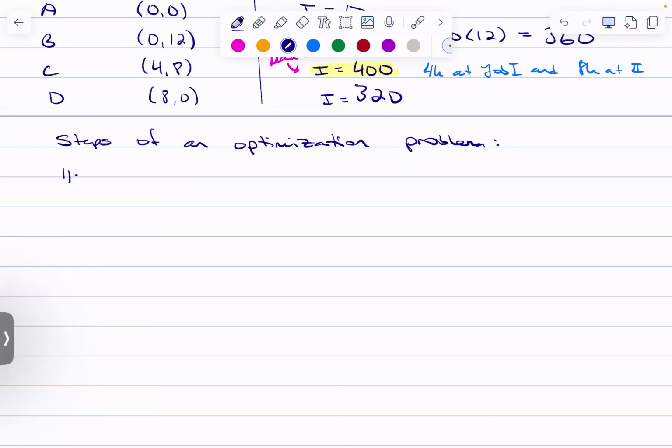First thing you have to do, the very first thing, is determine what X should be and what Y should be. So figure out what your variables are representing. Pick X and Y from the question.